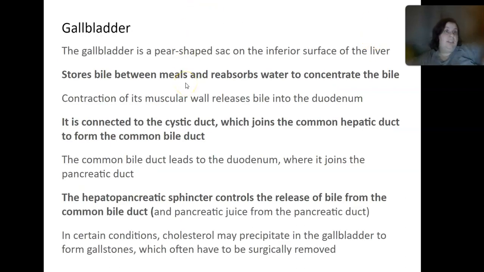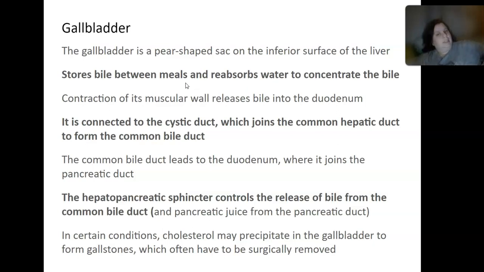This is stored in your gallbladder, and your gallbladder is that pear-shaped sac on the bottom side of your liver. It stores your bile in between meals and reabsorbs water to concentrate that bile. Contractions of its muscular wall release bile into your duodenum, which is just the top part of your small intestine.